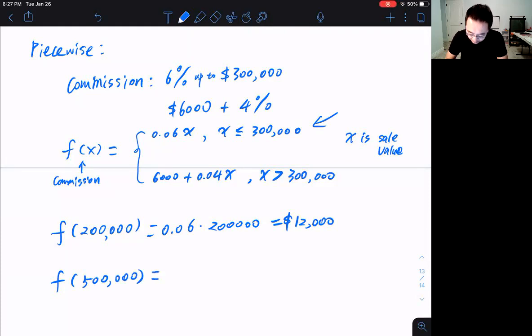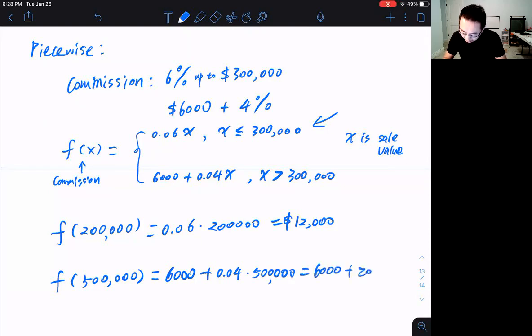Then that will be 6,000 plus 0.04 times 500,000. That gives you 6,000 plus 20,000, which is $26,000. Because 500,000 falls in this range, it takes on the second functional form in your piecewise function. Okay, all right.